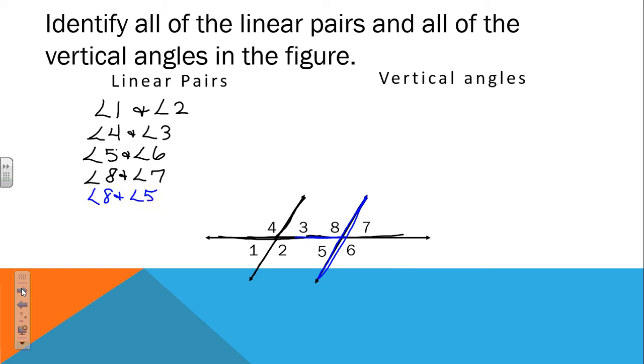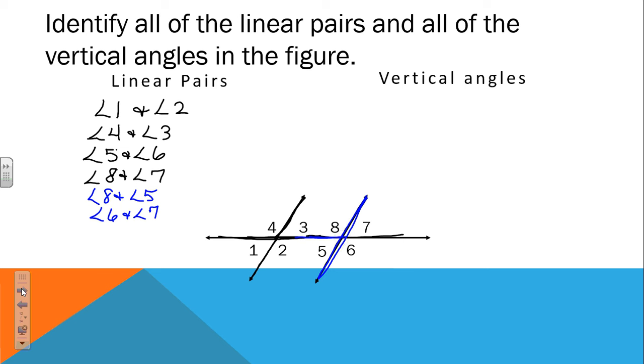Okay, so let's pick on Claudette. What's another pair of linear pairs that we haven't said so far? 6 and 7. Good job. And I don't think I've picked on Kaylee for a while, so Kaylee, what's another pair for me? I'm sorry, I said your name wrong. What's another linear pair?